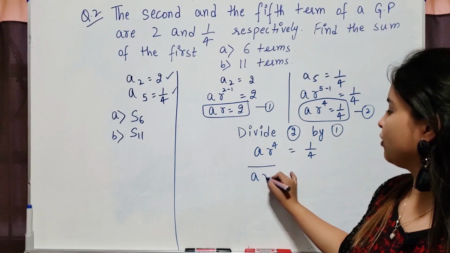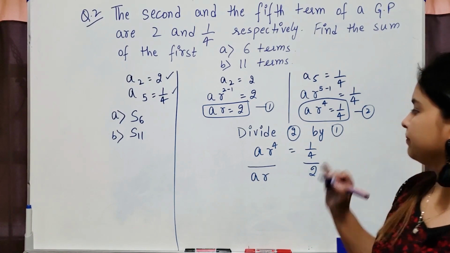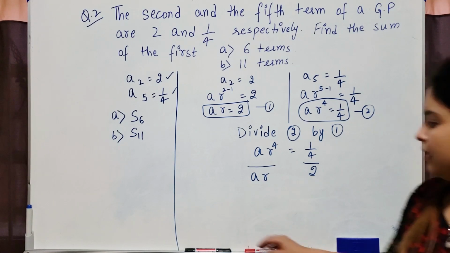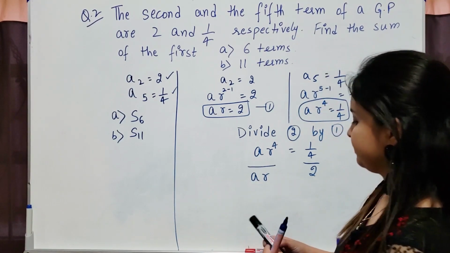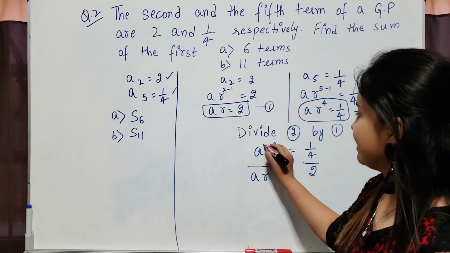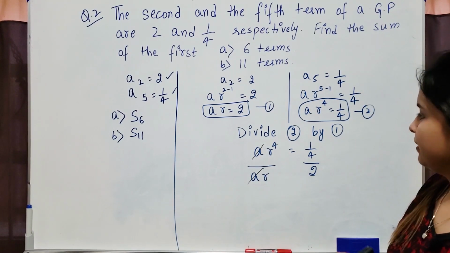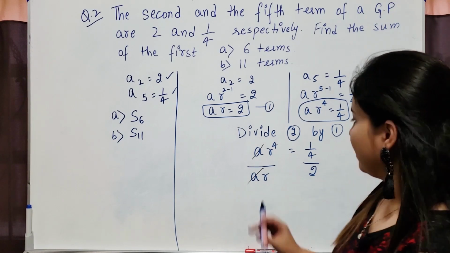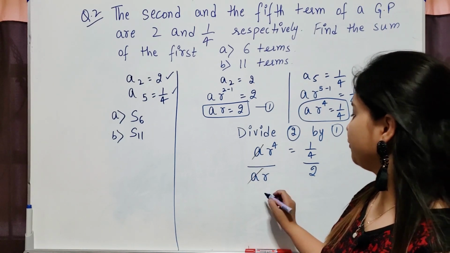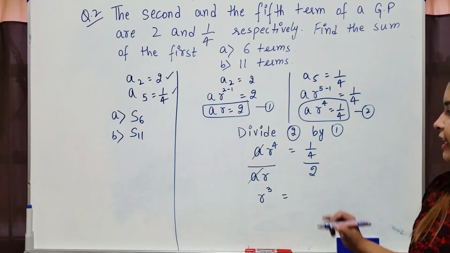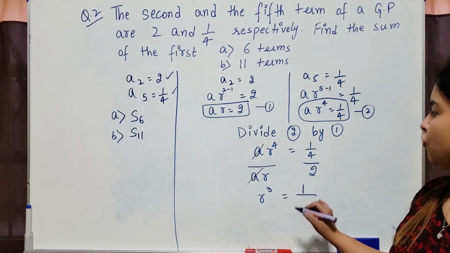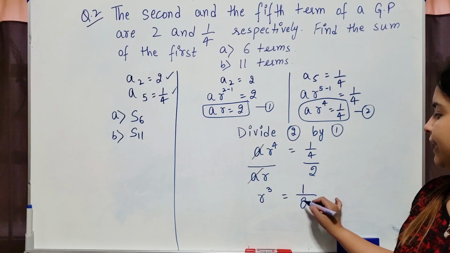Divide this by equation 1. I will get this. Now, cancel out the common terms. I will cancel A and I will cancel 1 power of R. So, this will be R raised to power 3 is equal to 1 over 8.